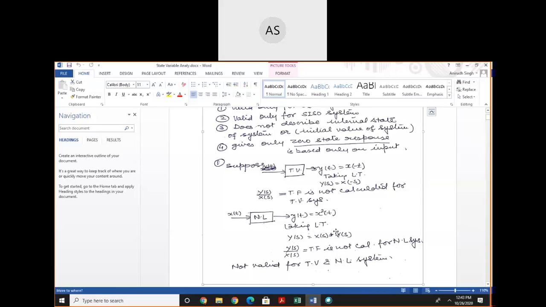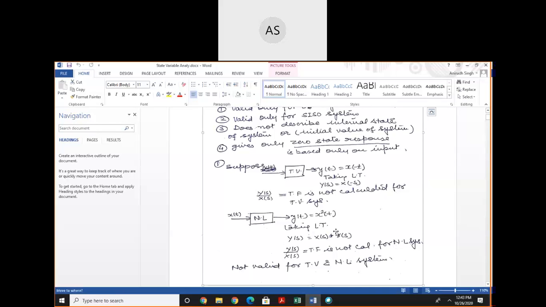So, since we cannot calculate the transfer function of a non-linear system, we cannot use the transfer function method or classical method to analyze it. So classical method is not valid for time variant or non-linear systems.